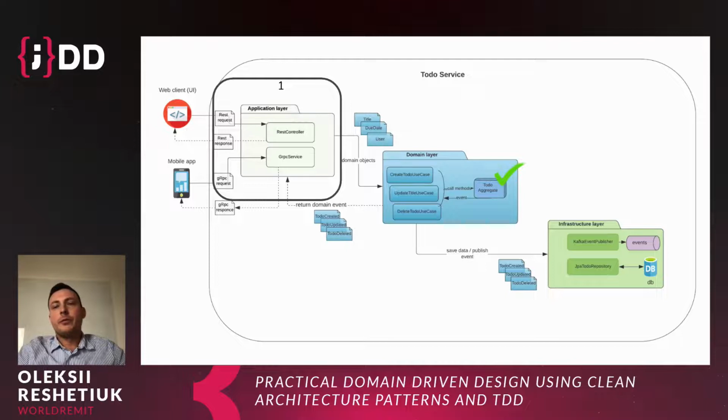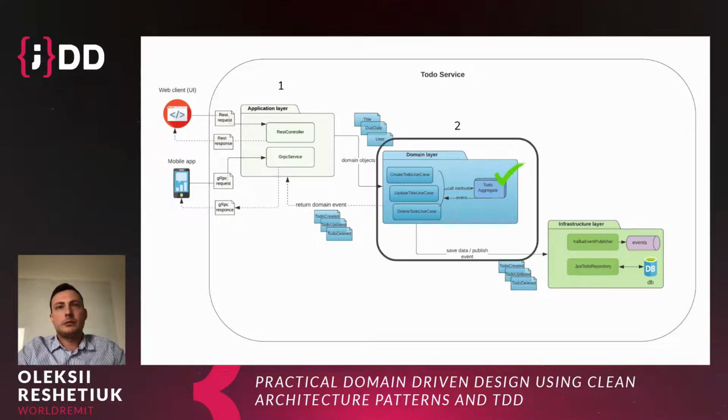By the way, the group of use case classes we can safely name a domain orchestrator, because it knows which port to use to receive the data and which port to use to save the data. It knows what method to invoke on the aggregate and what to do with the result, sorry, with this event actually.